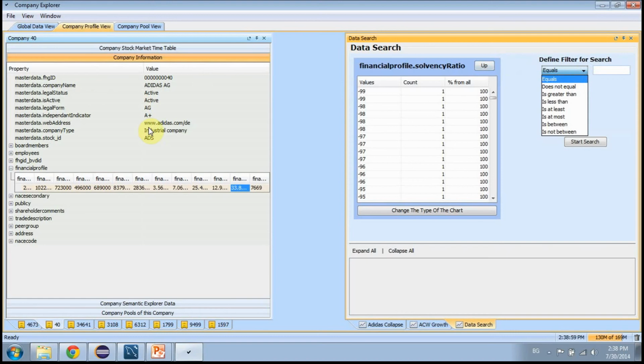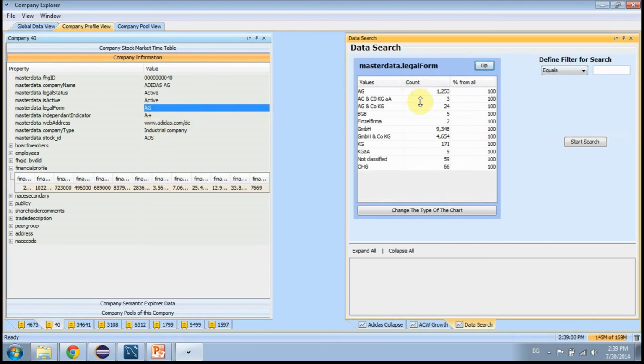No, I'll do another thing. I will use this AG because this gives me the companies which are on the stock exchange. So let's see all companies which contain AG in their company type, legal form.